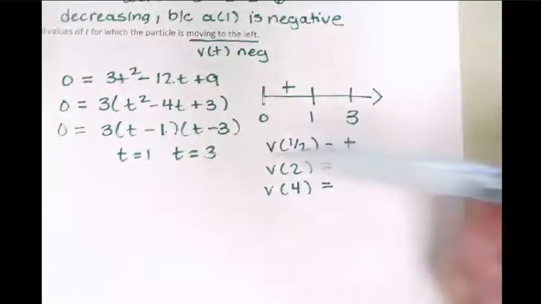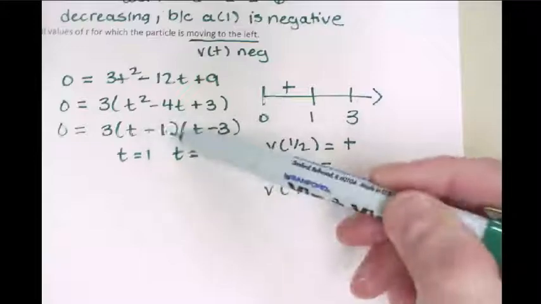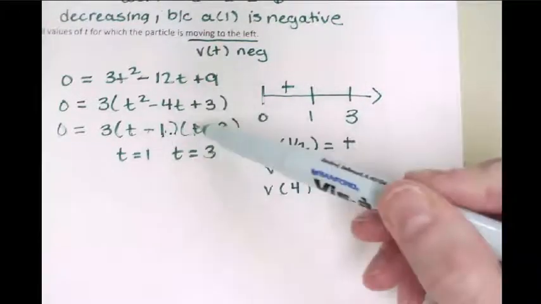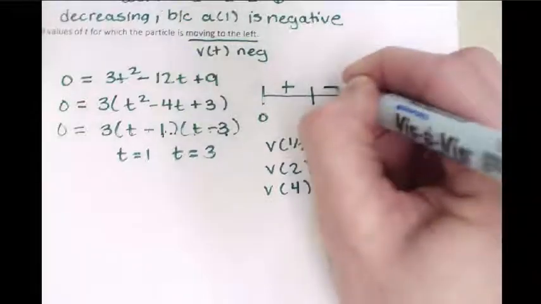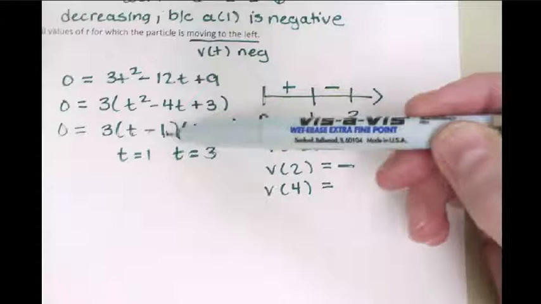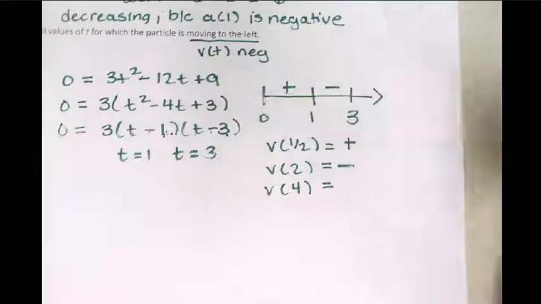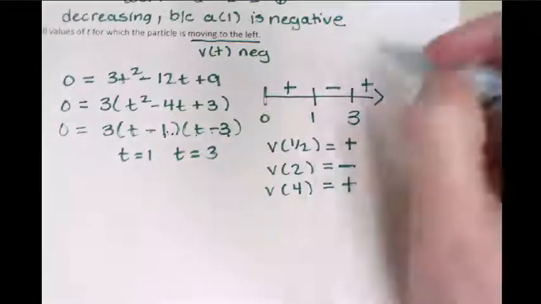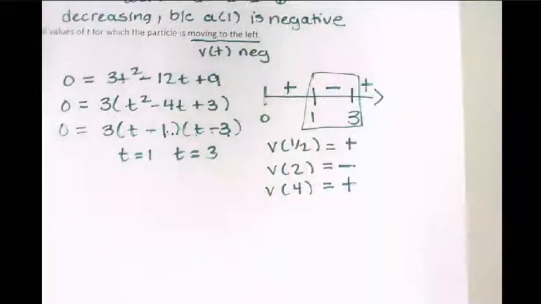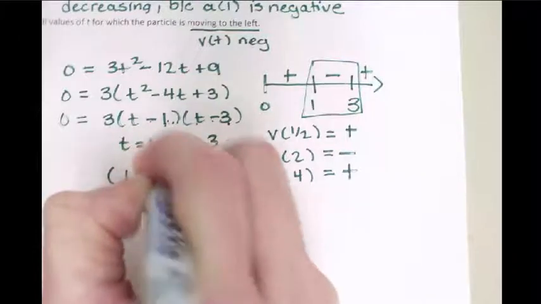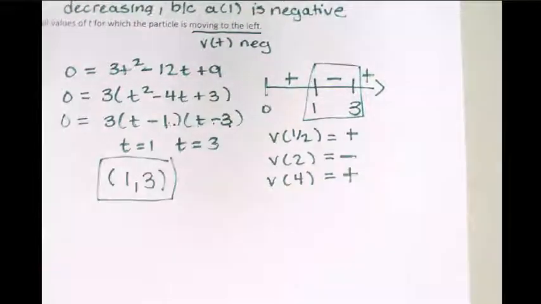If I plug a 2 in, 2 minus 1 is positive, 2 minus 3 is negative. A positive times a negative is a negative. And if I plug a 4 in, 4 minus 1 is positive, 4 minus 3 is positive, so positive times positive makes positive. So where is the particle moving to the left? From 1 to 3. You need to write it in interval notation, 1 to 3. Okay, so that's particle motion on the x-axis.